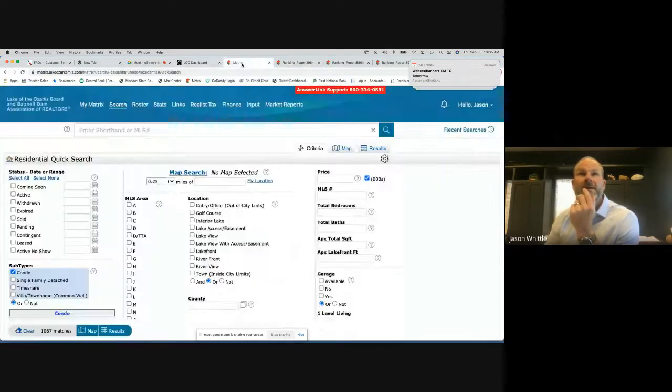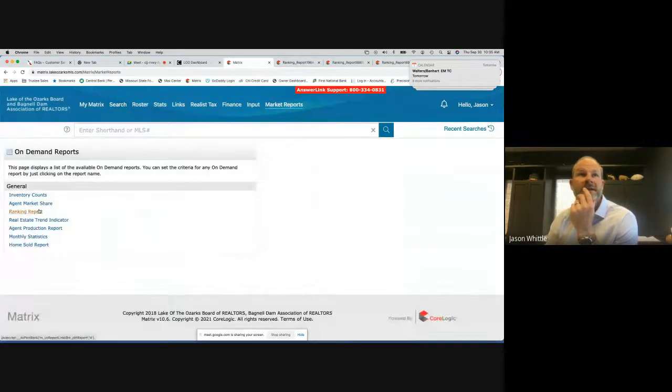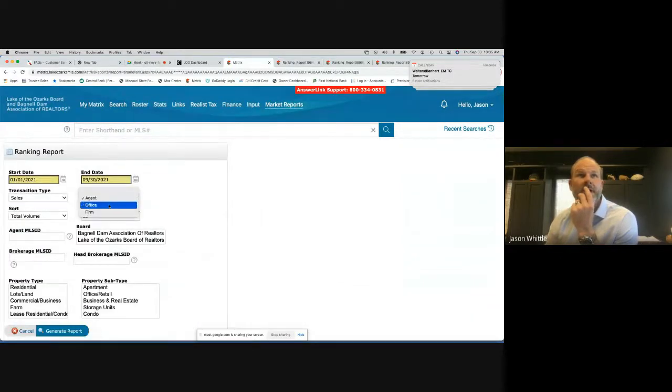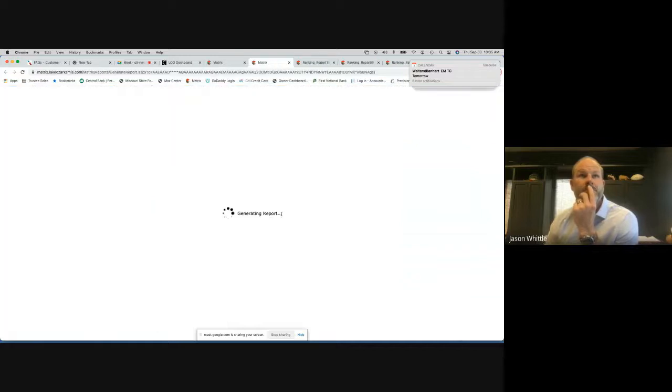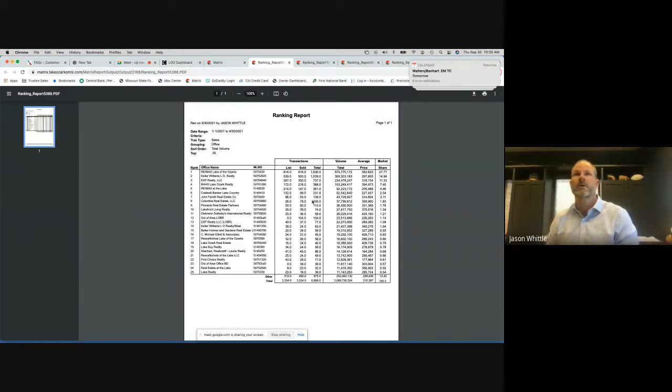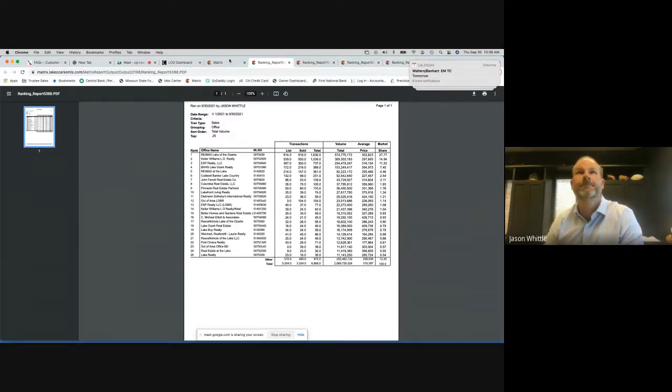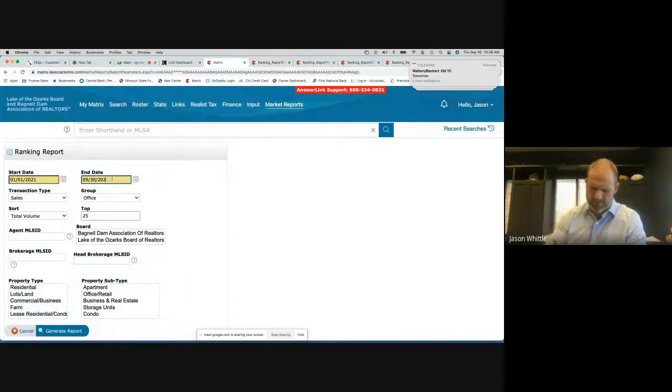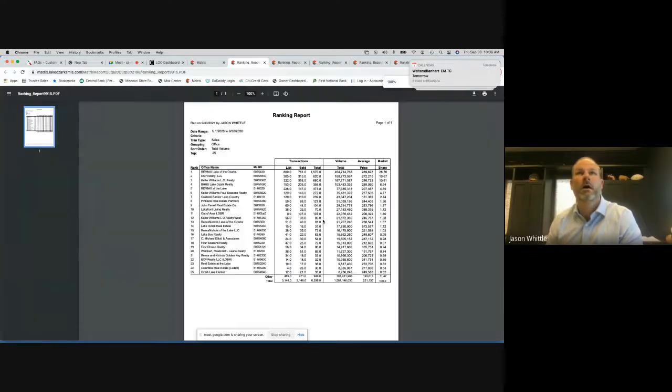So on any statistic, let's just do office. Looking at here, just to round up, Remax Lake of the Ozarks so far has sold $575 million. If you compare it to last year, same time frame, if you round up, $455 million, right?